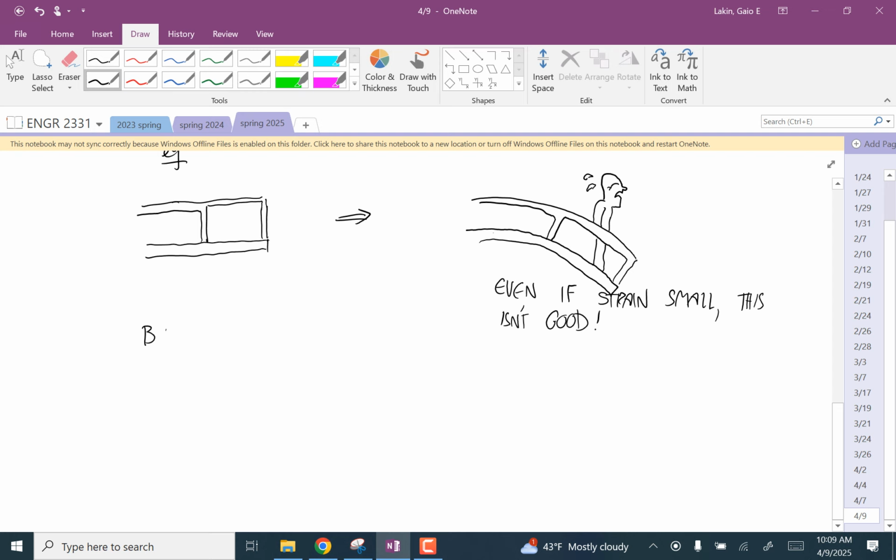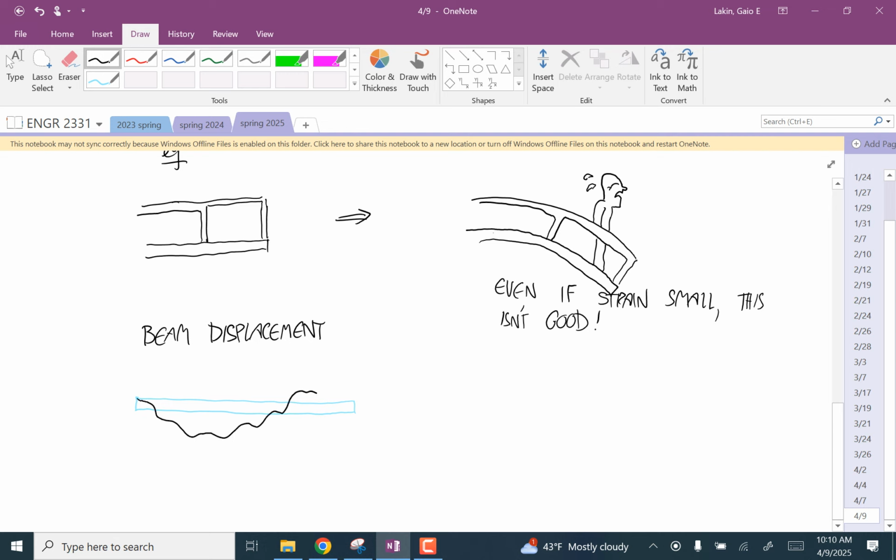The definition of beam displacement is, if you think of this as the undeformed beam, and then under the load, the beam does this.